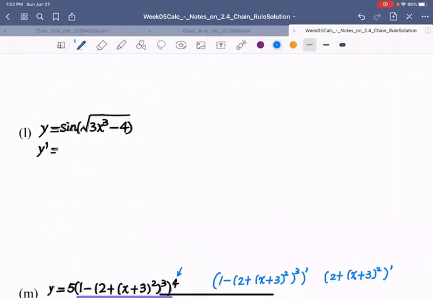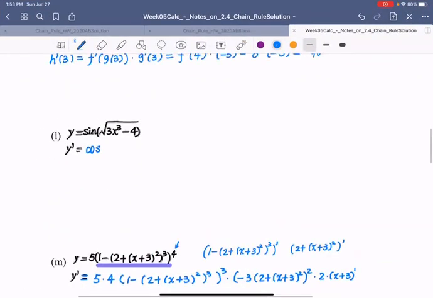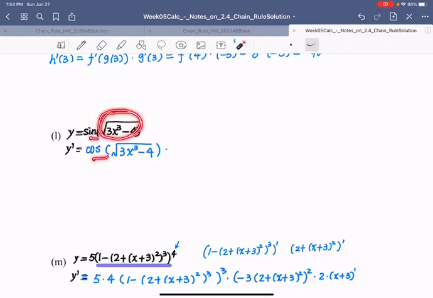Very good. So we write down cosine, and then we copy down here. And then what do we do next? We are going to treat this one.